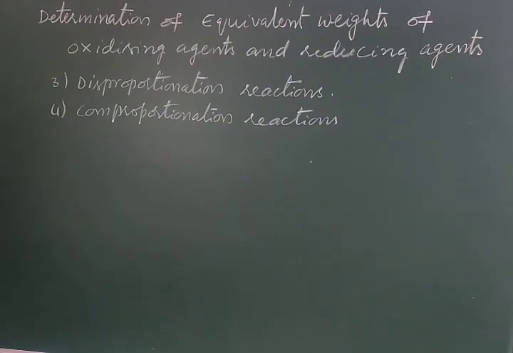The same element in different compounds undergoes both oxidation and reduction. In a disproportionation reaction, the same element in the same compound undergoes oxidation and reduction, whereas in a comproportionation reaction, the same element in different compounds undergoes oxidation and reduction.